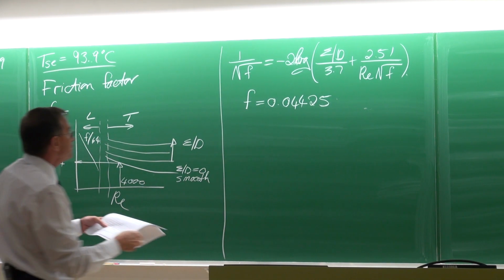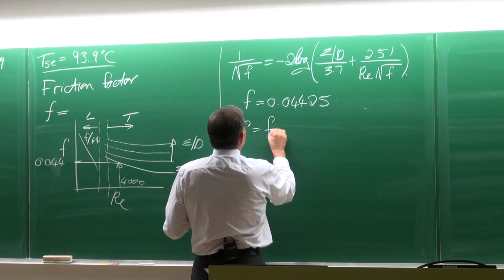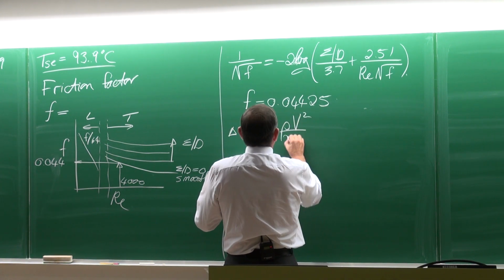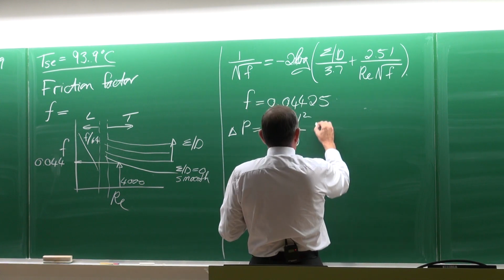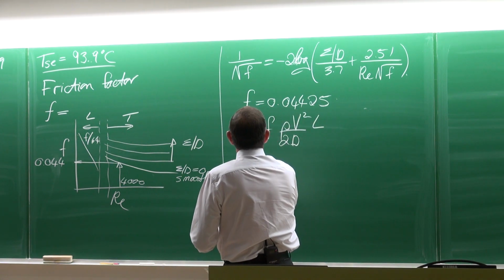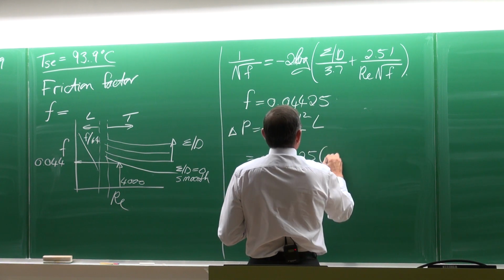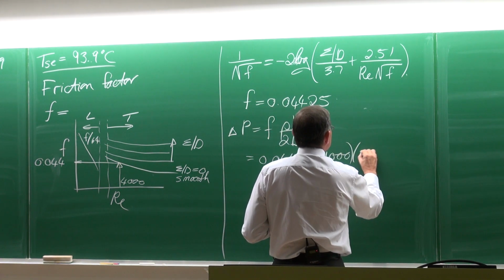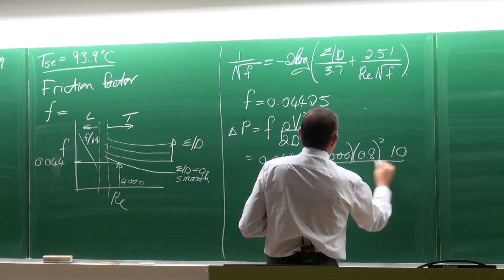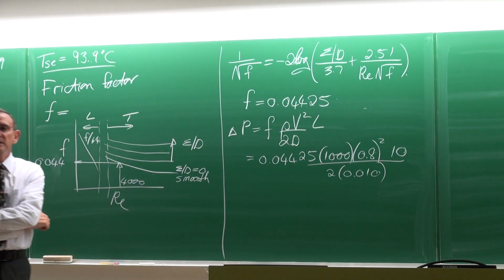Now that we've got the friction factor, it's easy to get the pressure drop. The pressure drop is equal to the friction factor multiplied by rho v squared divided by 2d, multiplied by L. The friction factor is 0.04425, the density is 1,000, the velocity is 0.8, and the length is 10 meters, divided by 2 times the diameter, 2 times 10 millimeters.